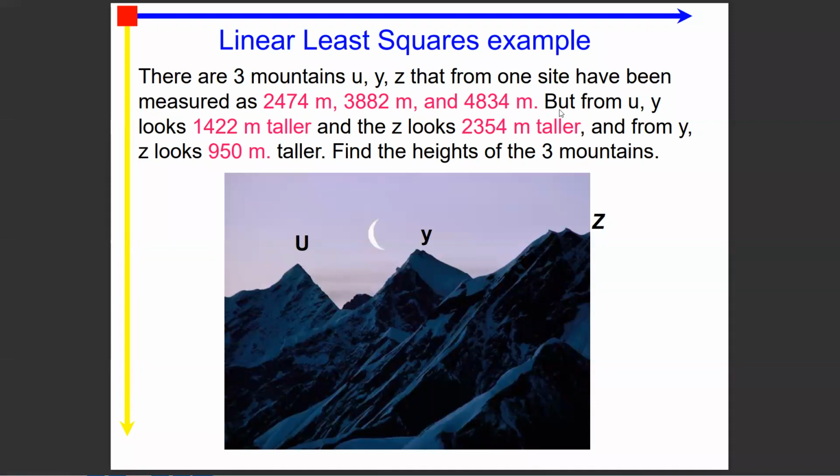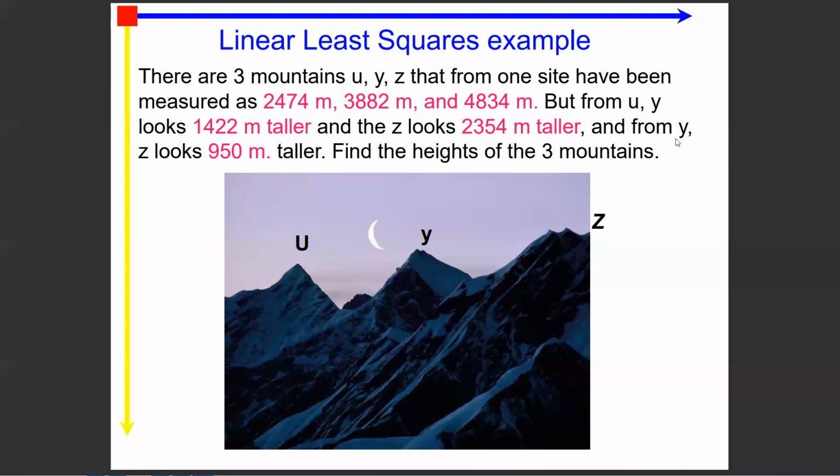But then we go to a different location and say, okay, from the mountaintop U, Y looks 1,422 meters taller than U. And Z also looks taller by 2,354 meters compared to U. So from U, Y and Z look taller by this much.